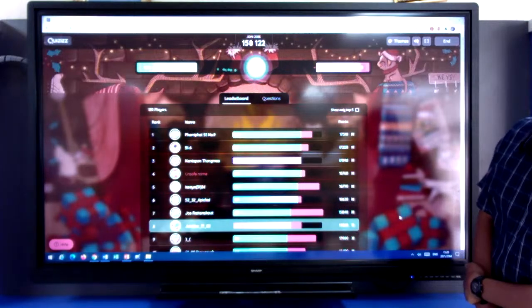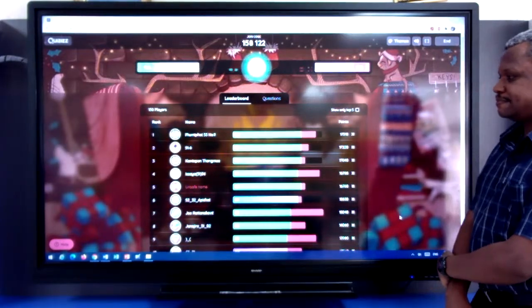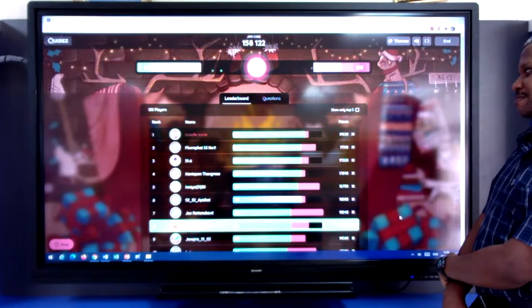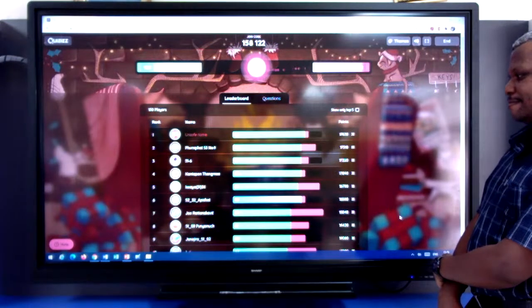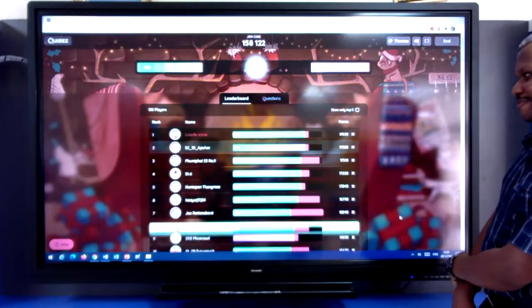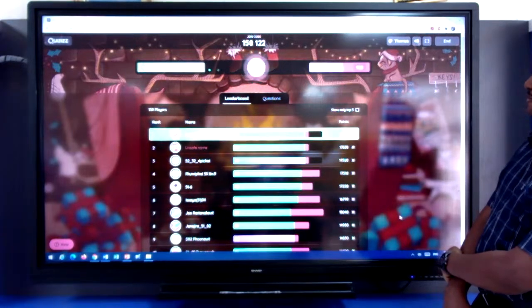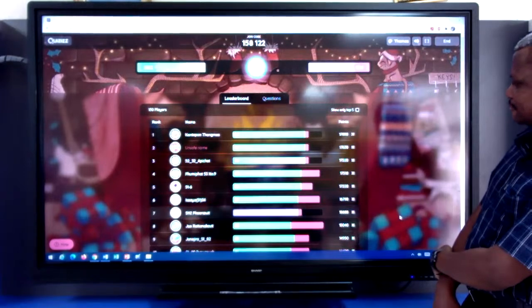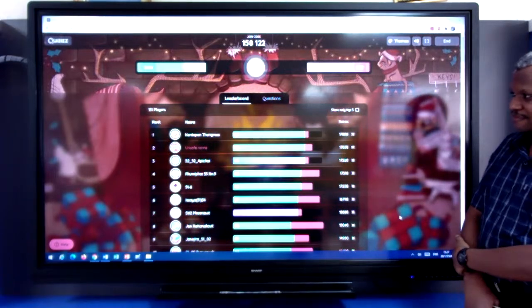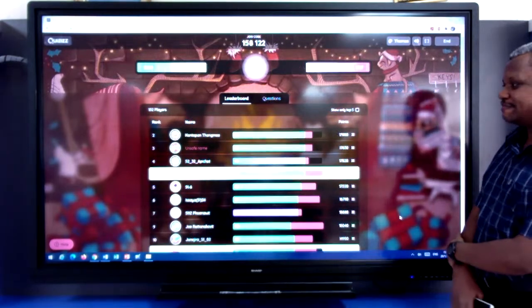Okay, 130 players, good job. Again, don't forget to log in using your name and number. Name and number.